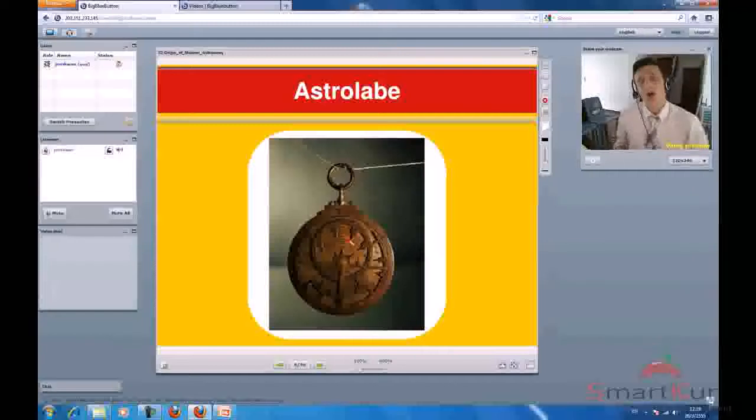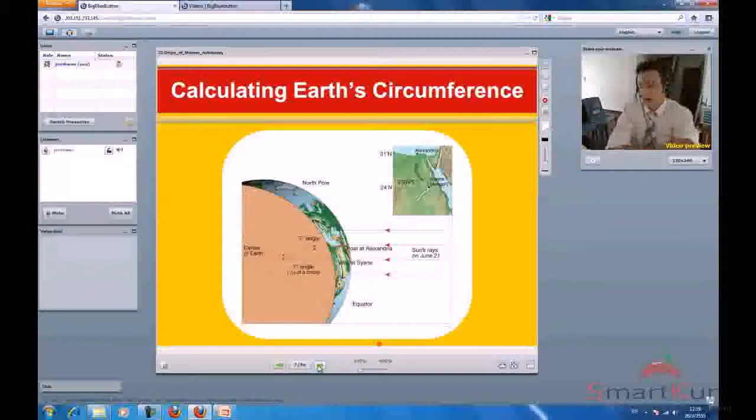These lines here that I'm highlighting would show the paths of different stars and planets throughout the night. Notice, if you get to the very center of that circle, you see a point where there's no movement. We're going to talk about that a little bit later in the lesson, that point in the sky where there's no movement. But for now, let's move on to the next slide. Number 7.